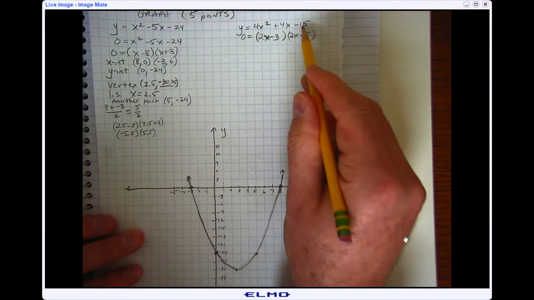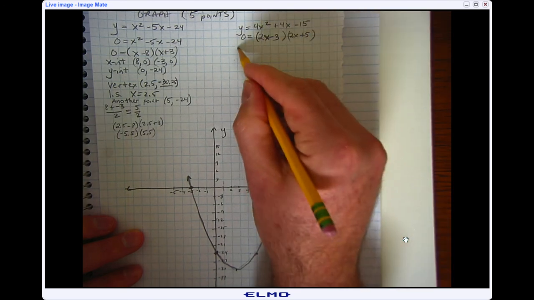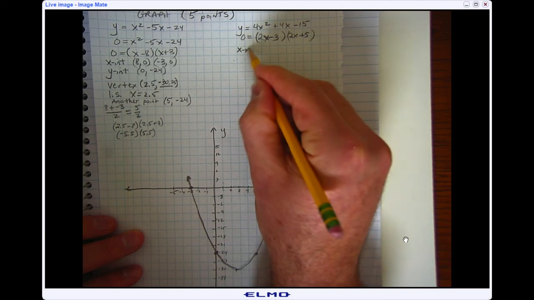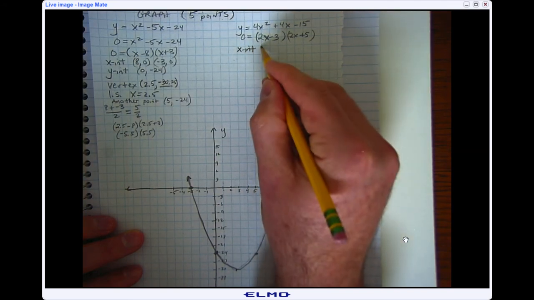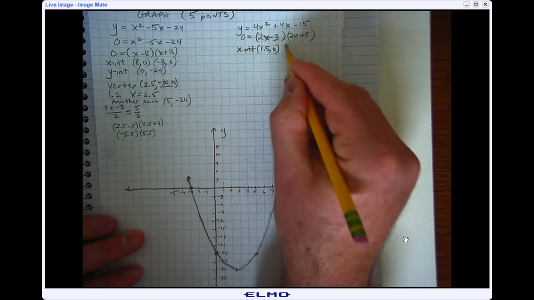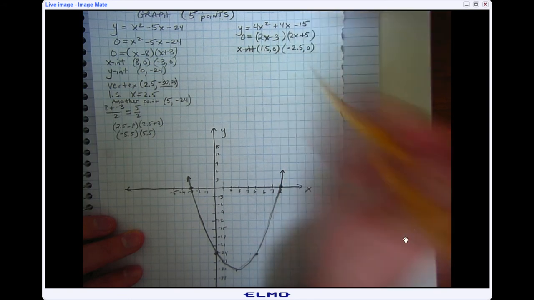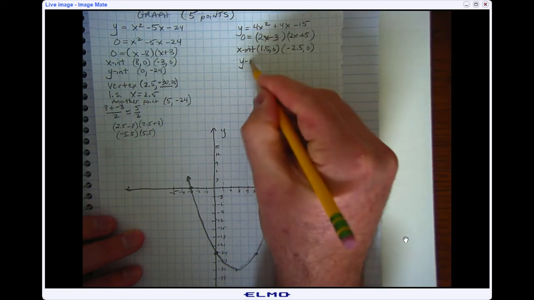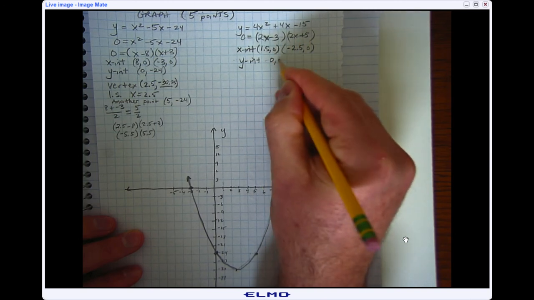Negative 3 times 5 is negative 15, so that's the factored form. To find my roots, I try to find what would make each factor equal to 0. In this case, it would be 1.5, 0, and negative 2.5, 0. Again, my y-intercept is my c value, in this case negative 15.